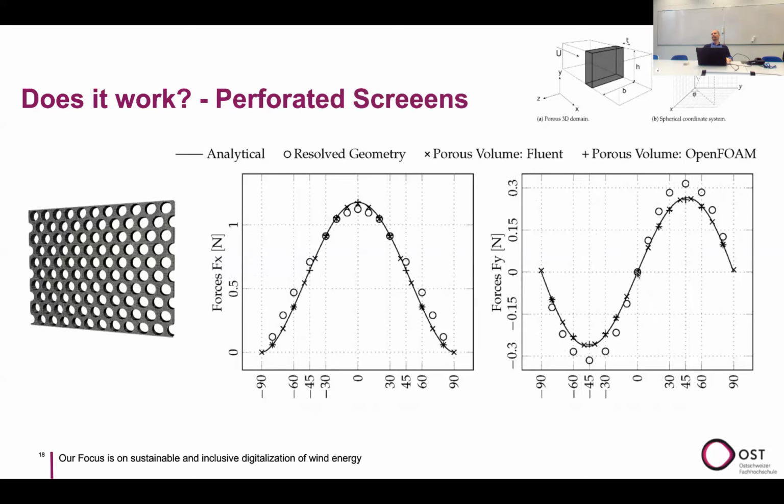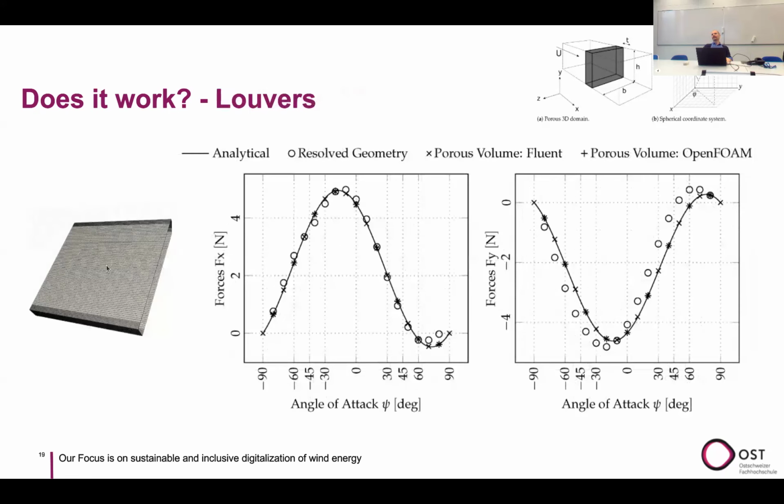For something that is symmetrical, the forces are going to be symmetrical, right? We get an even function, obviously. But if you think of an inclined louver, when the flow comes orthogonally, it's going to give you some resistance, but this change, plus and minus, is not the same with respect to geometry.